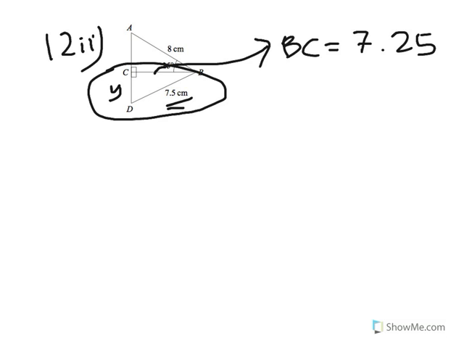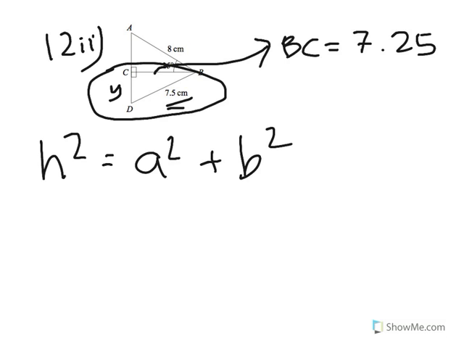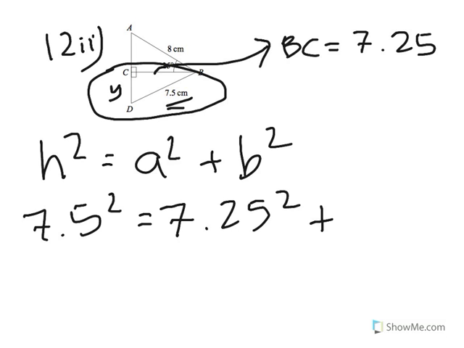There's this formula called Pythagoras' Theorem, which states that the hypotenuse squared is equal to the other sides squared added together, so a squared plus b squared. So in this case, 7.5 squared, which is the hypotenuse, is equal to BC squared, which is 7.25 squared, plus y squared. Now, this only applies for right-angled triangles, not any triangle.